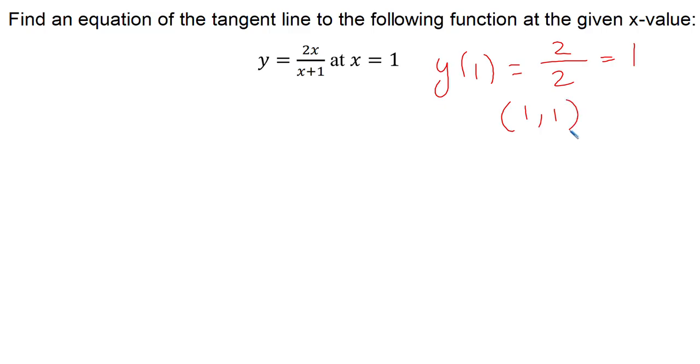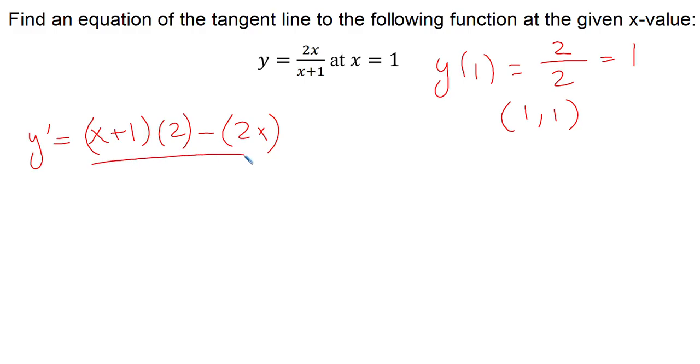Then we will use the quotient rule to find our derivative. So we'll do our denominator, x plus 1, times the derivative of 2x, which is just 2, minus our numerator 2x times the derivative of x plus 1, which is just 1. And then we'll divide that all by our denominator squared.